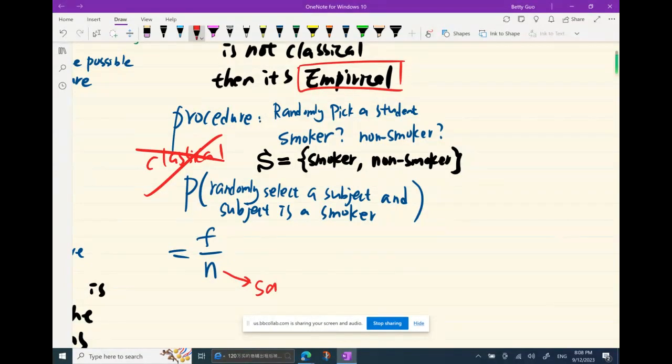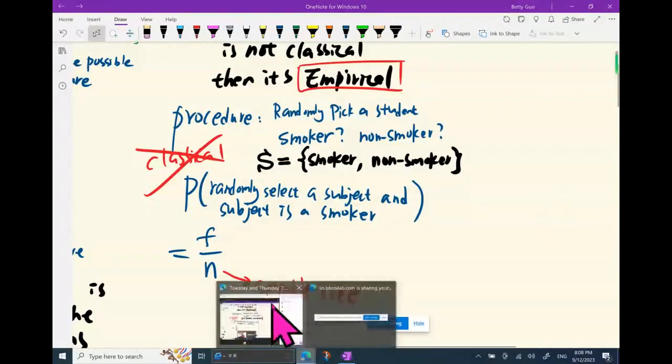Let's not consider the population; let's consider the sample size. How many people in our class, right? How many subjects do I have? How many of you?